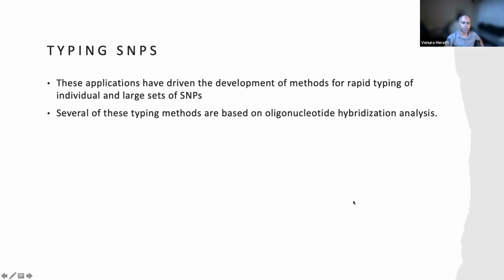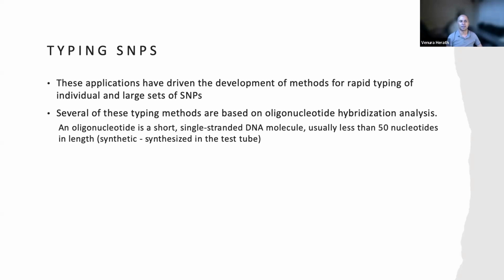All right, we're back. So we were talking about oligonucleotide hybridization, and I'm pretty sure you're very familiar with oligonucleotides. Every time you order a primer, that is an oligonucleotide. Basically, an oligonucleotide is a small fragment of single-stranded DNA, usually less than 50 nucleotides, synthesized in vitro so that you can use it to your advantage.